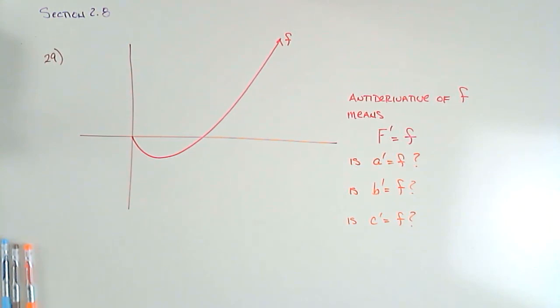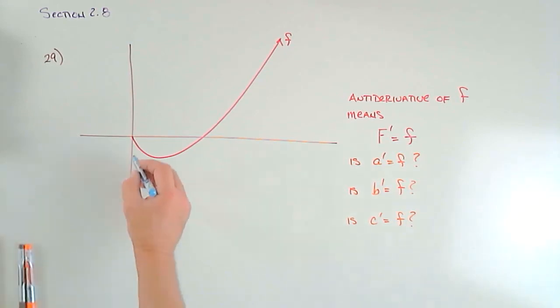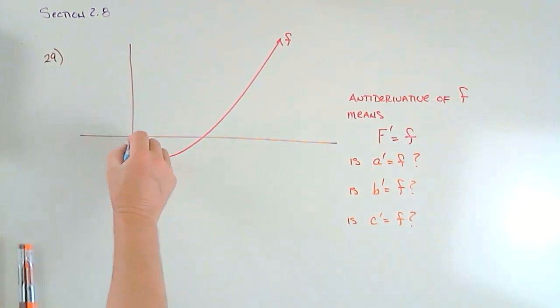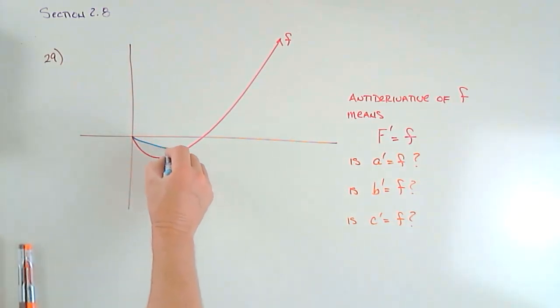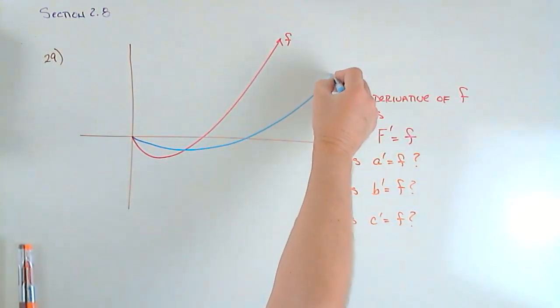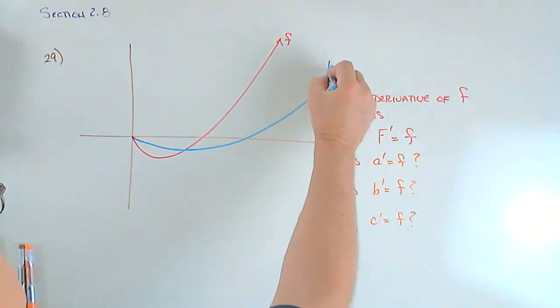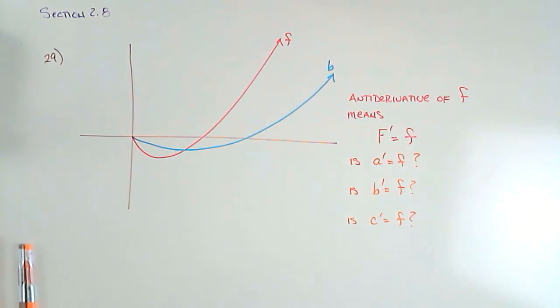So let's just draw one of the graphs. I have my blue pen in my hand, so we'll draw B. The graph of B goes like this. Now, is the derivative of this equal to F? The graph of C is green.